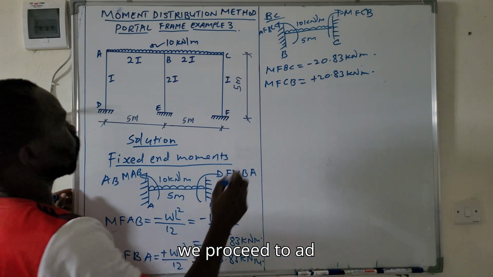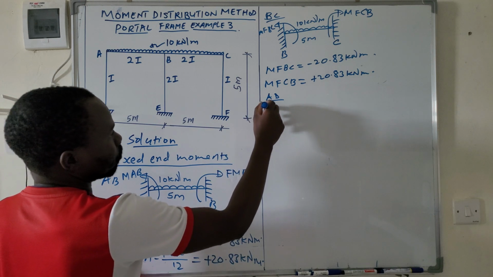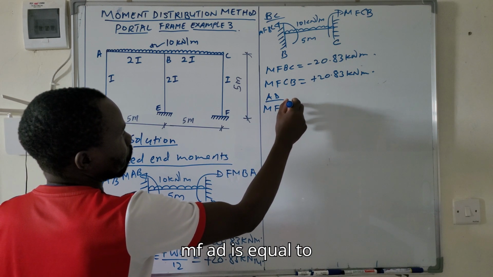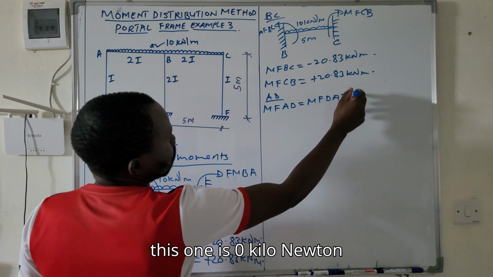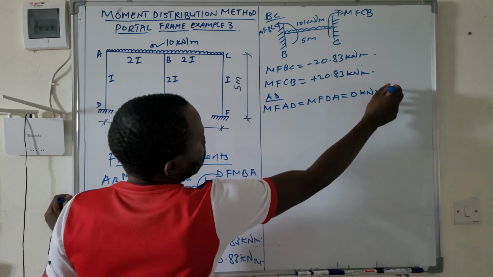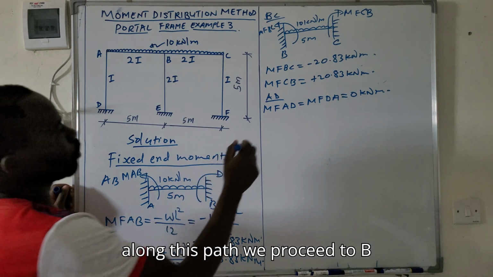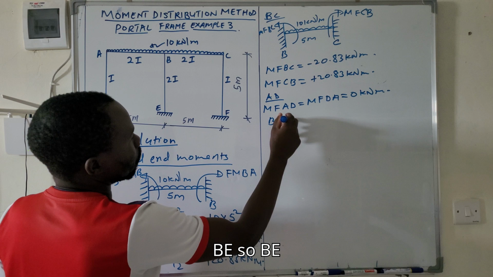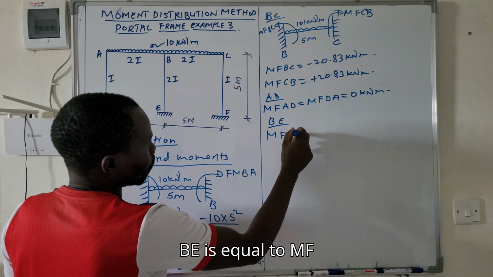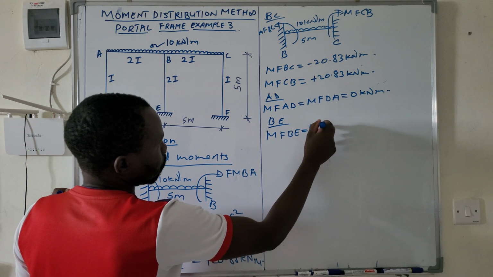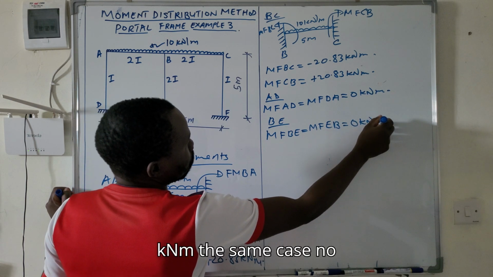We proceed to AD. MFAD is equal to MFDA, and this one is 0 kilonewton meter, because there is no loading along this span. We proceed to BE. MFBE is equal to MFEB and is equal to 0 kilonewton meter.